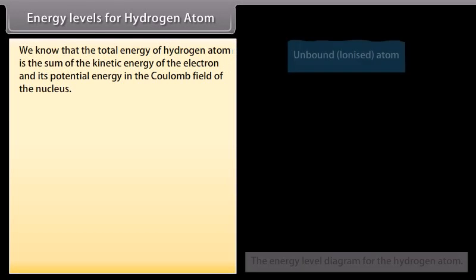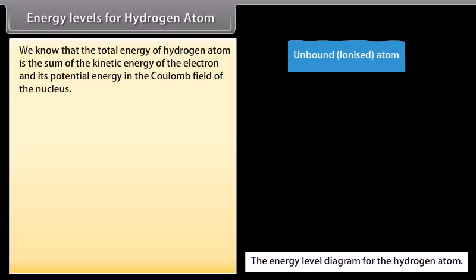Energy levels for hydrogen atom. We know that the total energy of hydrogen atom is the sum of the kinetic energy of the electron and its potential energy in the Coulomb field of the nucleus. E_n equals minus e square upon 8 pi epsilon naught r_n.